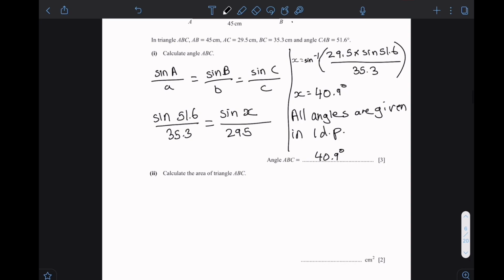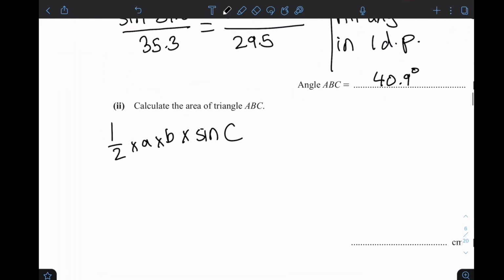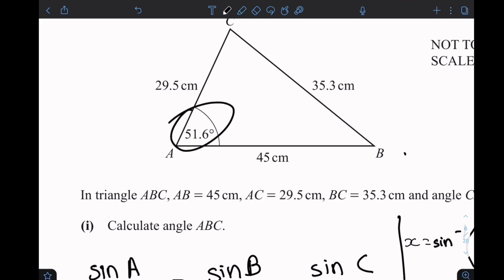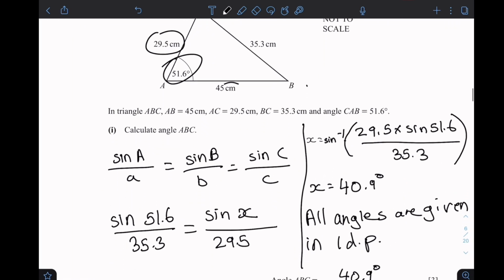To figure out the area of a non-90-degree triangle, you do half into A into B into sine C. C is the angle, and A and B are the adjacent sides to that angle. As we know, there's an angle given here, and both the adjacent sides are given, so we can use this angle.